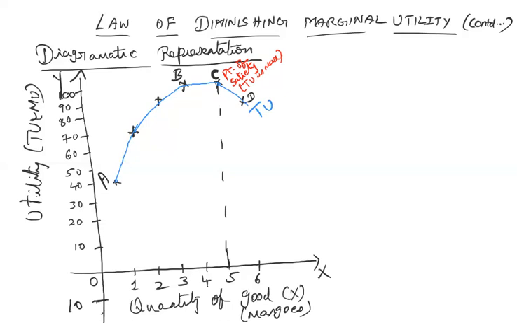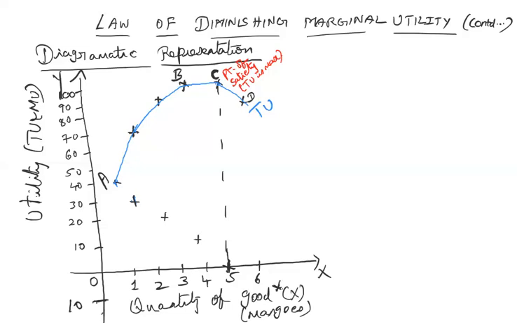Now coming to the marginal utility curve. At 1 unit, the consumer is attaining 40 utils of satisfaction, and then second, so like that it keeps on decreasing. 20, 10, and the fifth unit is getting nil satisfaction, and the sixth unit is getting minus 10.